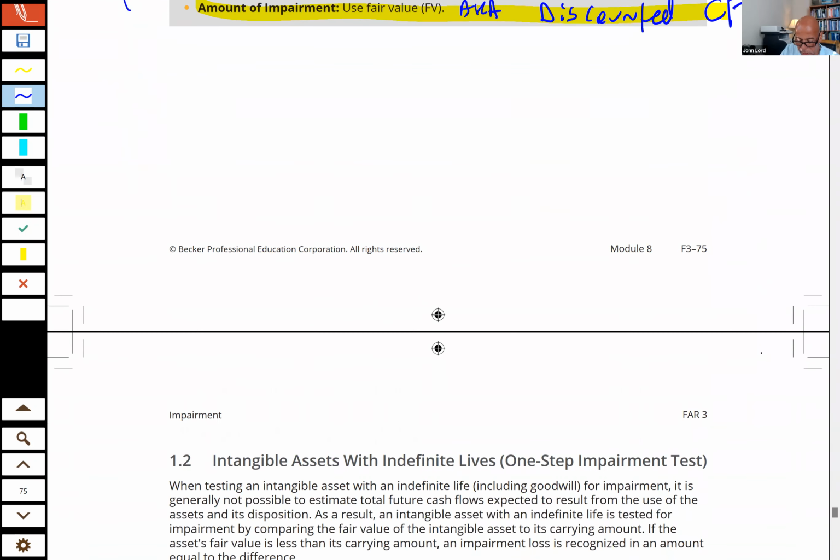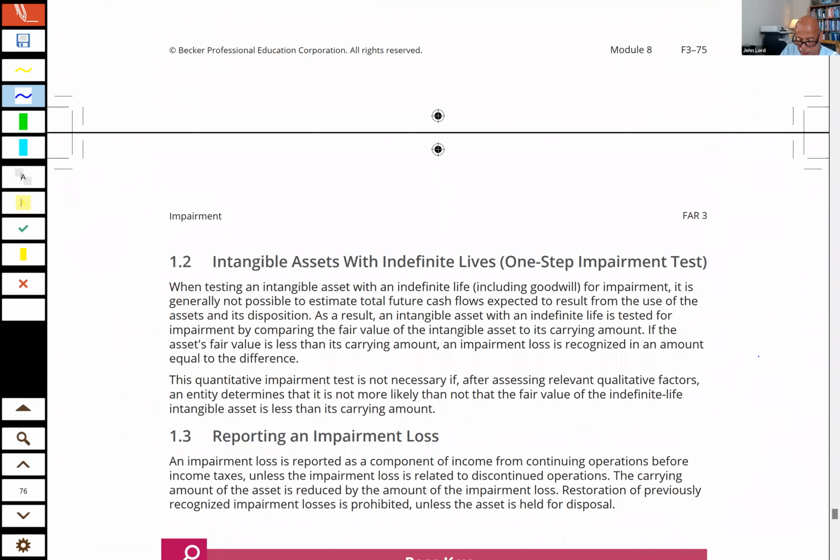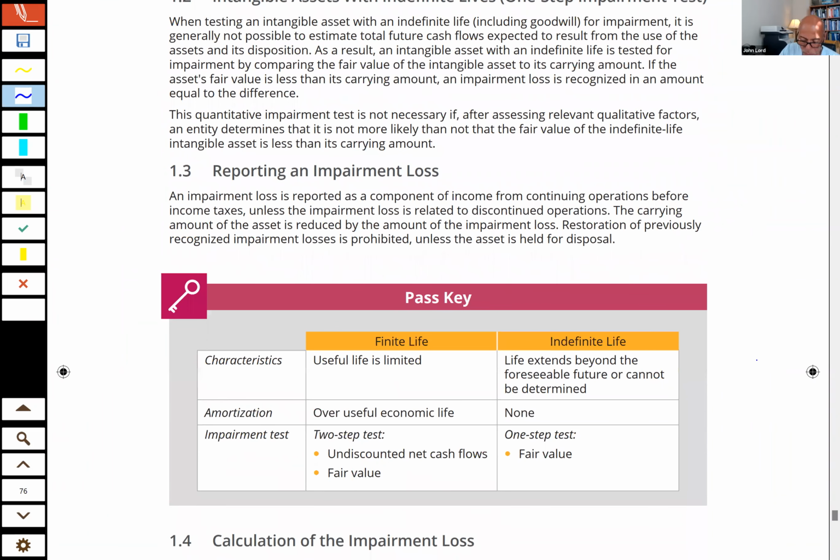Okay, so let's just go ahead and take a look at where we will report the impairment loss, and then we're going to have a numerical example that is very useful, I think, in helping to illustrate what we just flashcarded up there. If the loss is related to a continuing operation, then the impairment loss will be part of our income from continuing operations.